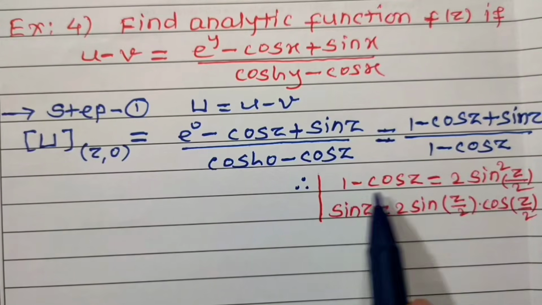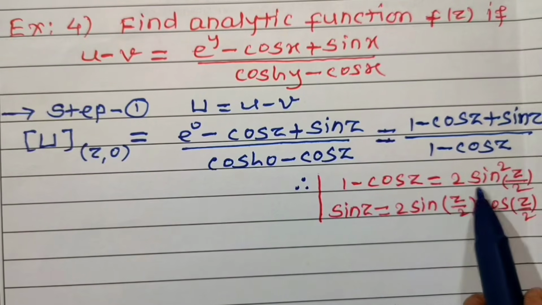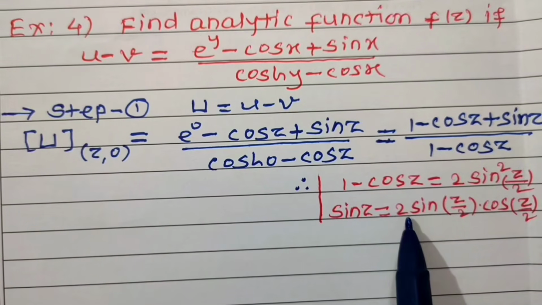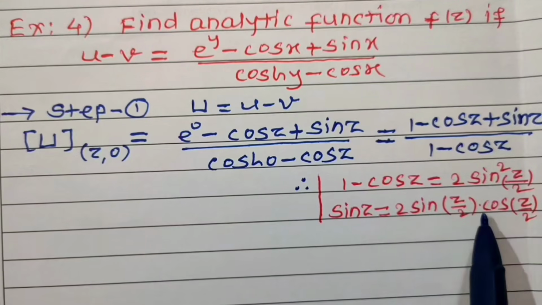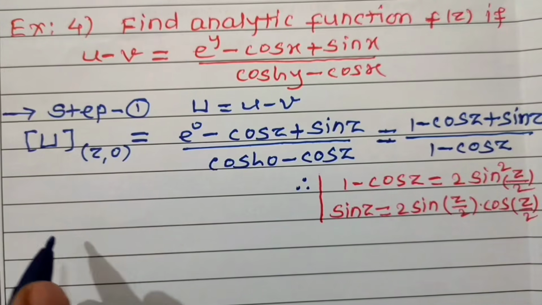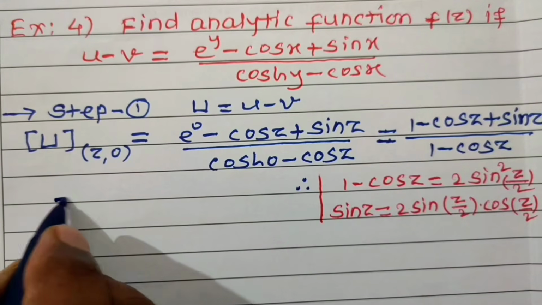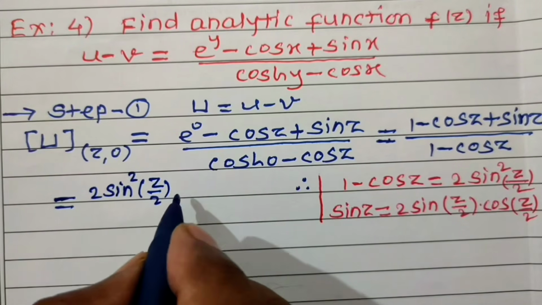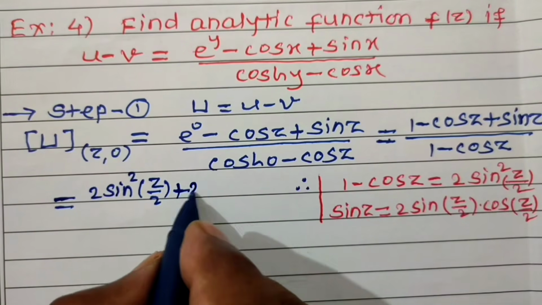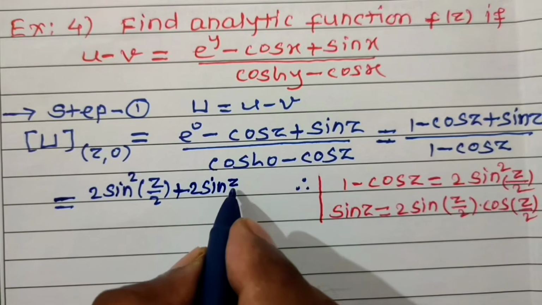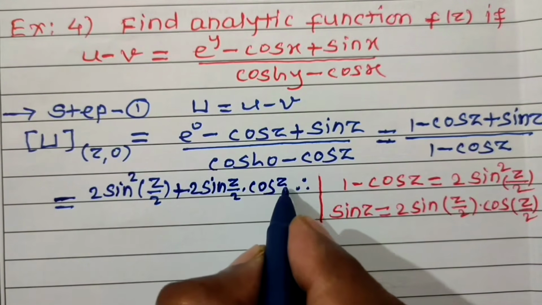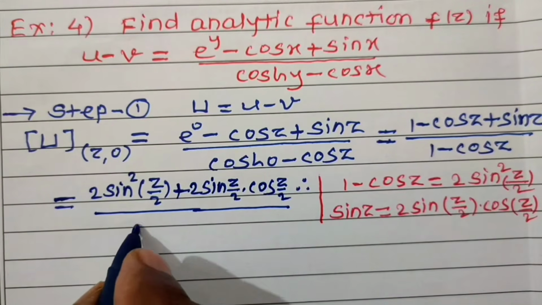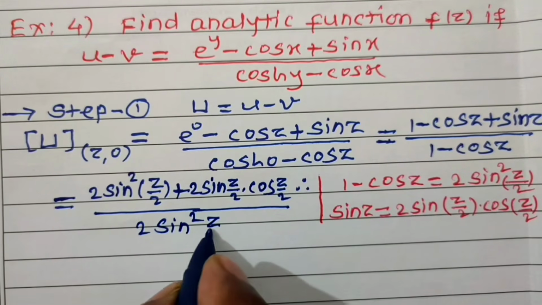Since we know 1 minus cos z is equal to twice sin square z upon 2, and sin z is equal to 2 times sin z upon 2 into cos z upon 2. So U at z comma 0 is given by 2 times sin square z upon 2 plus 2 times sin z upon 2 into cos z upon 2, divided by 2 sin square z upon 2.